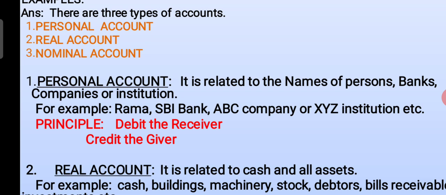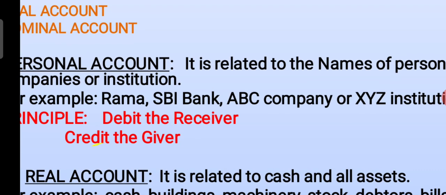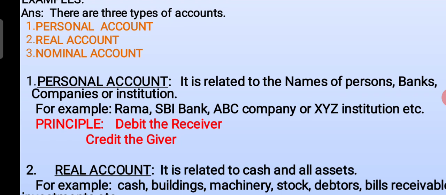Examples: Rama, SBI Bank account, ABC company account or XYZ institution, etc. All these are the names of organizations or the name of a person.